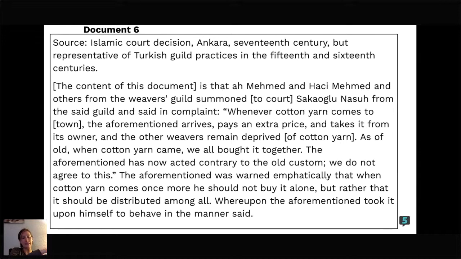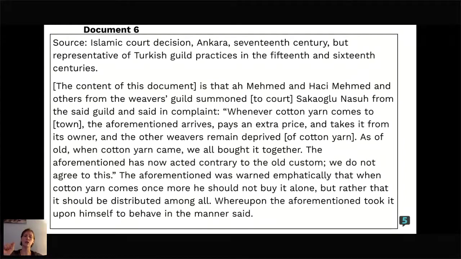And we'll look at document 6. This source is an Islamic court decision from Ankara, which is in modern-day Turkey, from the 17th century, the 1600s, but it is representative of generally Turkish guild practices in the 15th and 16th centuries, so the 1400s and 1500s. That's helpful for us to notice right away before we even read the text of the document.